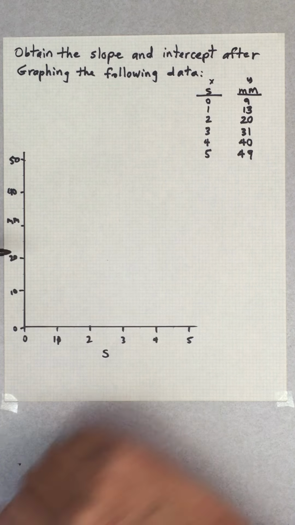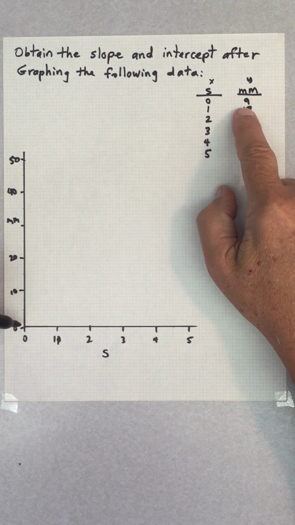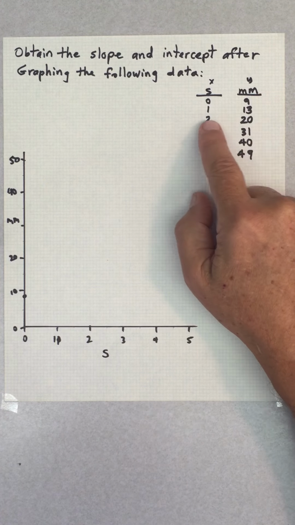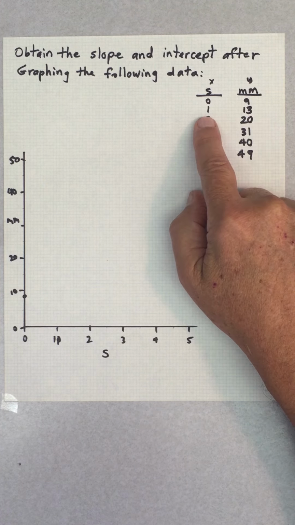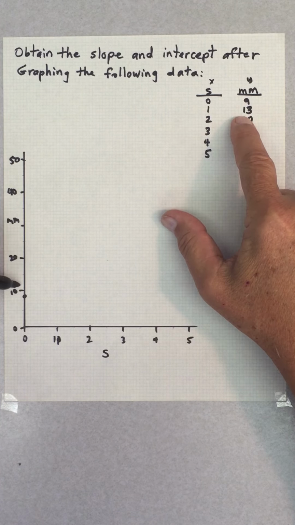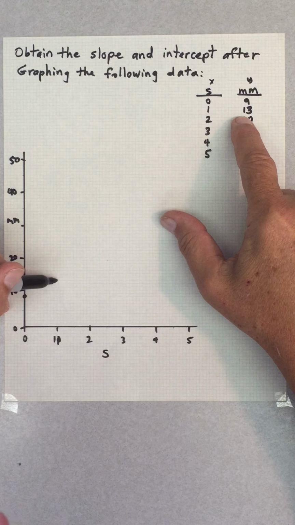Now I have to plot the points. So when x is 0, y is 9. So that's about here, okay? When x is 1, y is 13. So let's see, 10 would be 11, 12, 13 would be about right here.